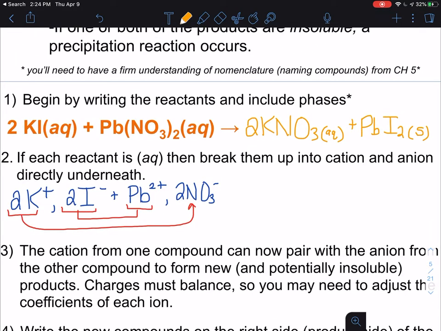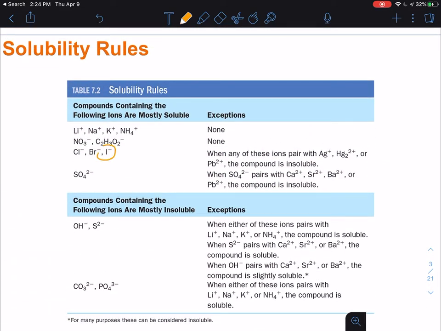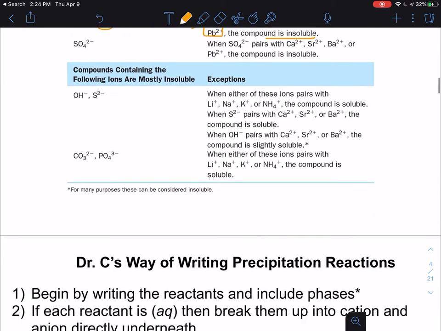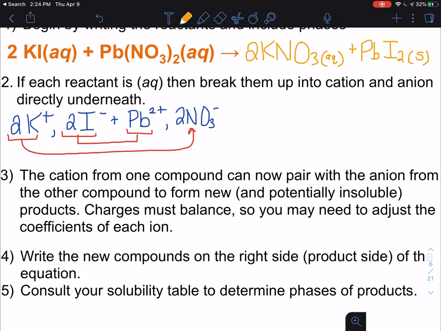But if you look at your solubility table, we have lead iodide. Compounds containing iodide are soluble, but if we look over at our exceptions, you'll see that lead is an exception. The compound is insoluble.